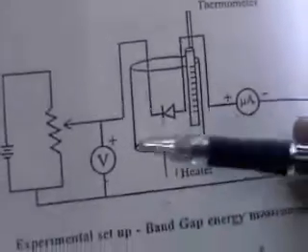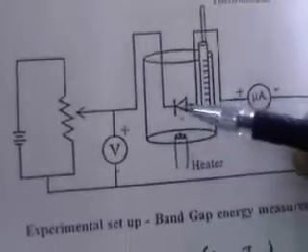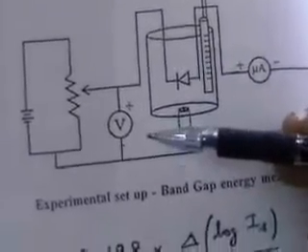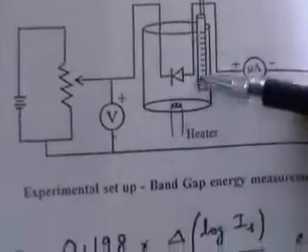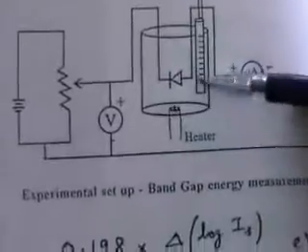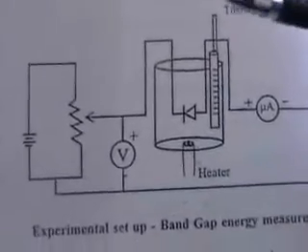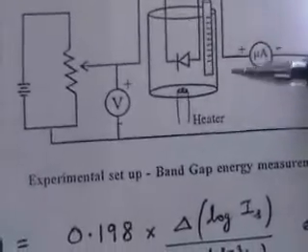We now set the voltage across the diode at this particular voltage and immerse the diode, which is reverse biased, inside a heater. I will be showing you shortly where we are placing the heater in the actual instrument.